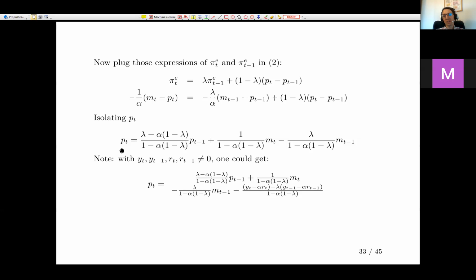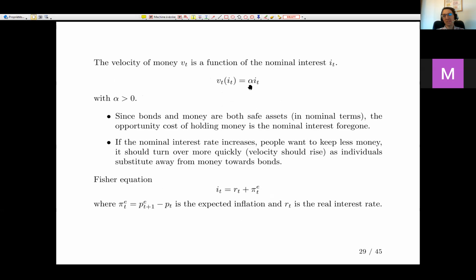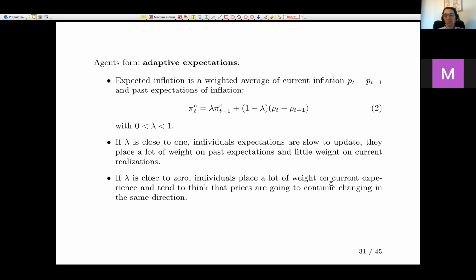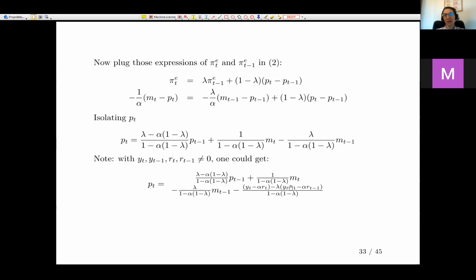So what's interesting in the Cagan model is that because of this link that we've seen with velocity and nominal interest rates, which goes through this expected inflation channel, the change in price today is going to affect expected inflation and the change in price tomorrow too. So basically, we have a more complicated solution than we saw at the beginning of the lesson.